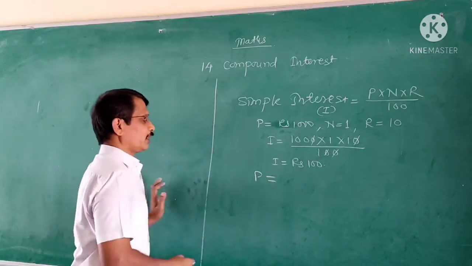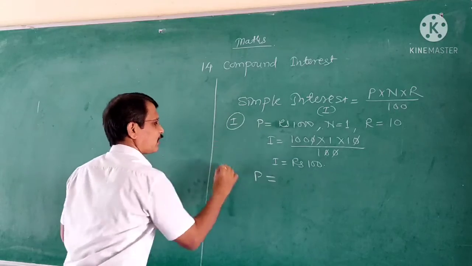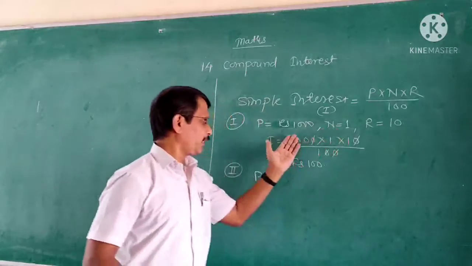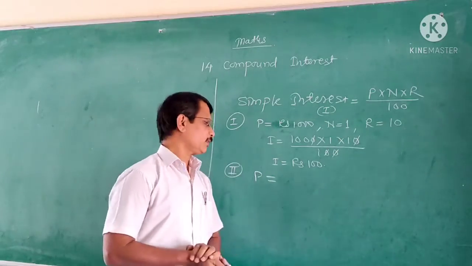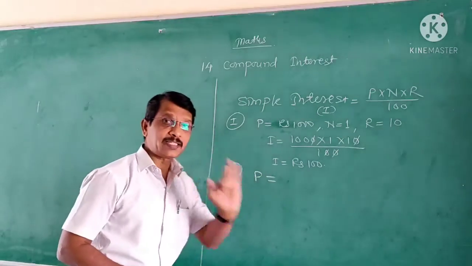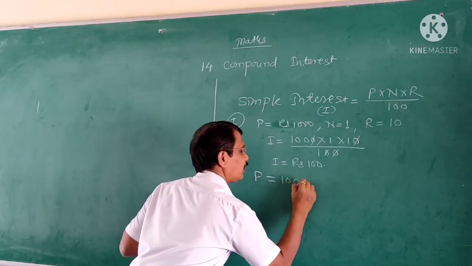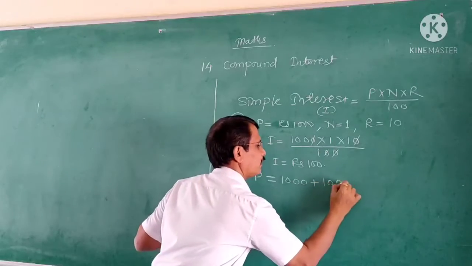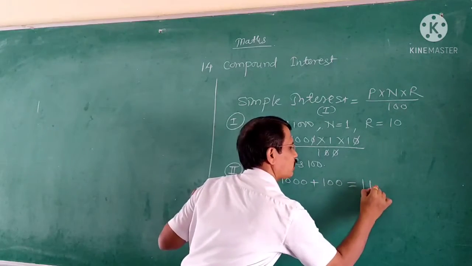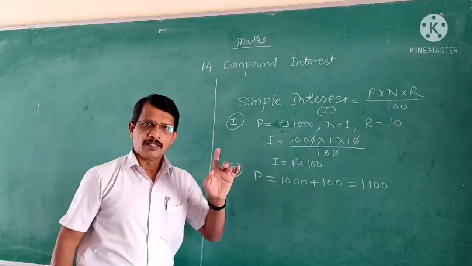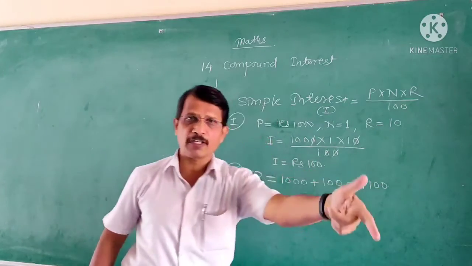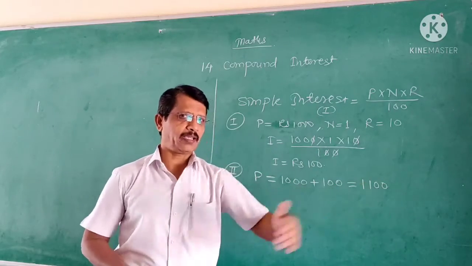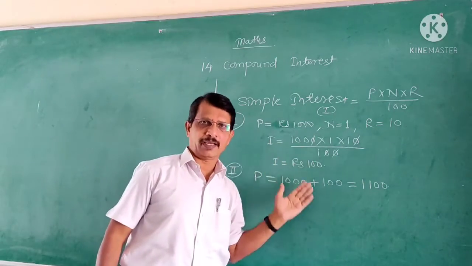In the second year, the bank considers this principal 1000 and this rupees 100, in total it becomes 1100. This is the principal for the second year, because the borrower fails to pay this principal and interest.